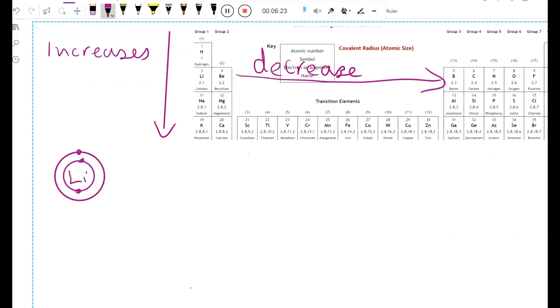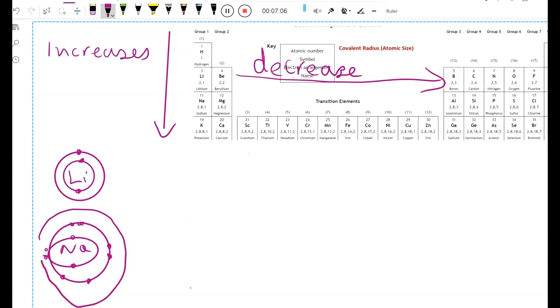Okay, moving down the group to sodium, it's got an atomic number of 11, so 11 protons and 11 electrons, 2 in the first one, 8 in the second one, and then in the third one, with my terrible drawings, we've got just 1.